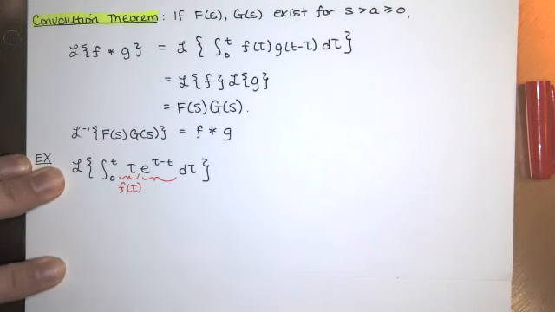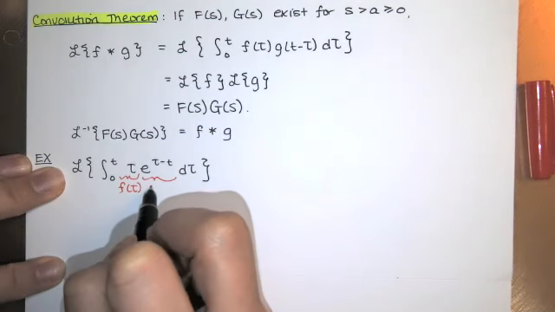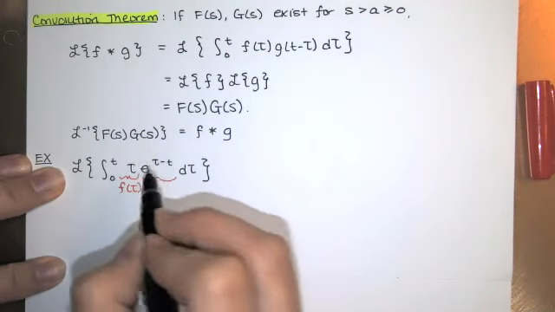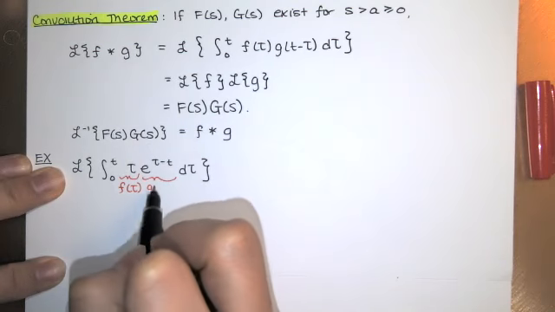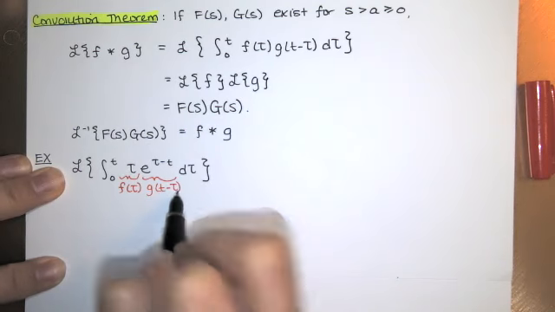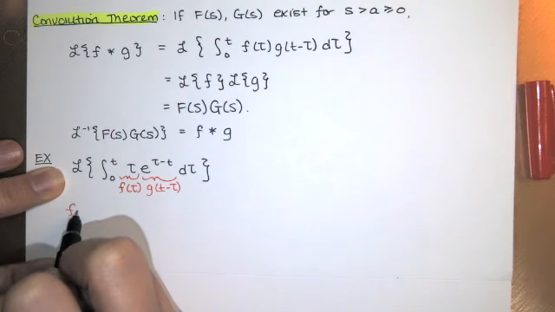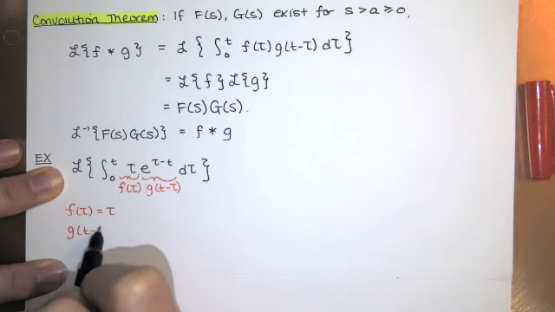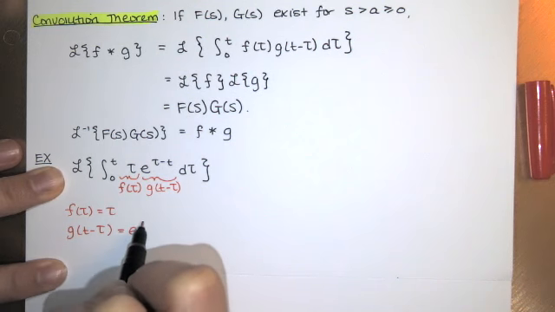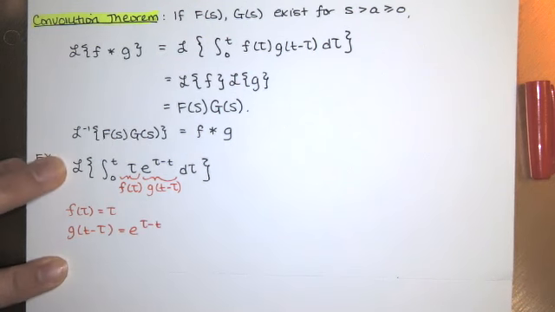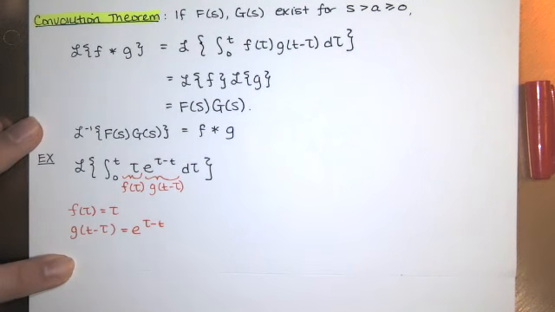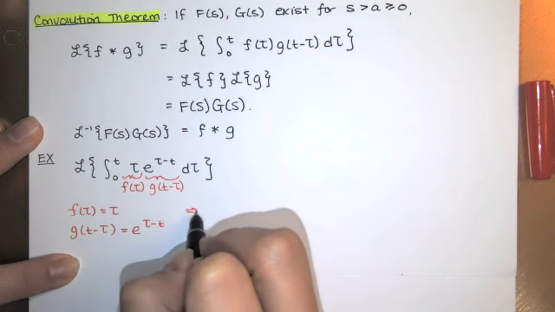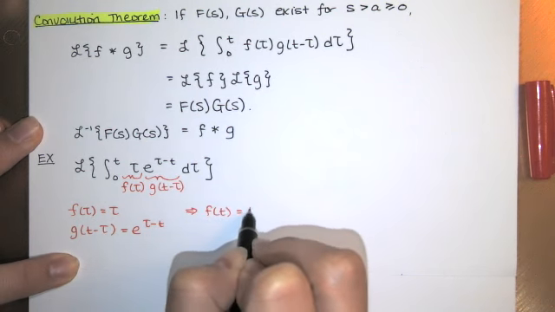And the factors that involve t minus tau, I'm going to think of as my second function, g of t minus tau. So we've got f of tau equals tau, and g of t minus tau is e to the negative tau minus t. Well, I want to think of this as a convolution of two functions of t. If f of tau is equal to tau, then f of t would just be equal to t.